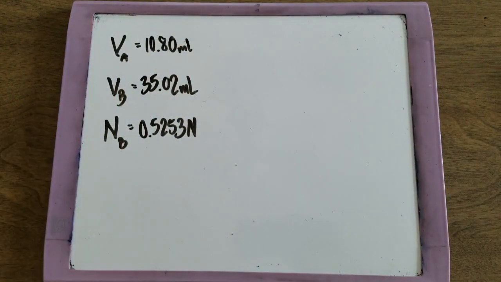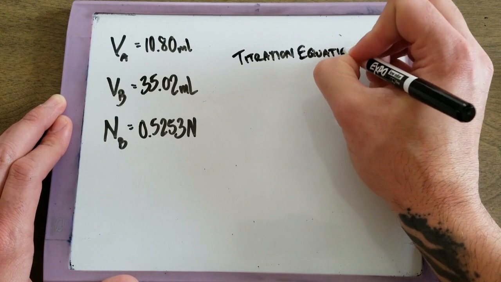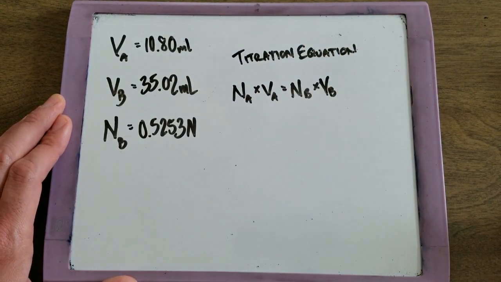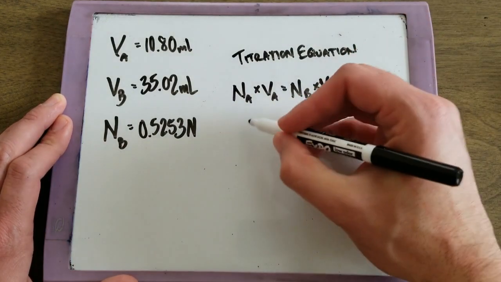And so you're going to put these into the real titration equation. We'll rearrange this to solve for the normality of the acid, what we're looking for.